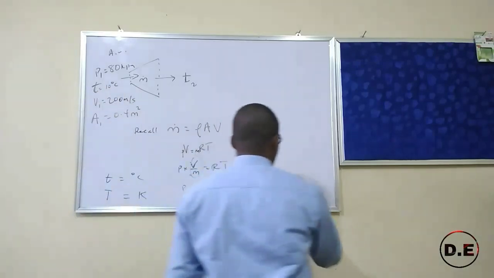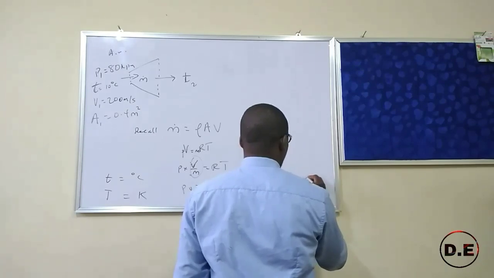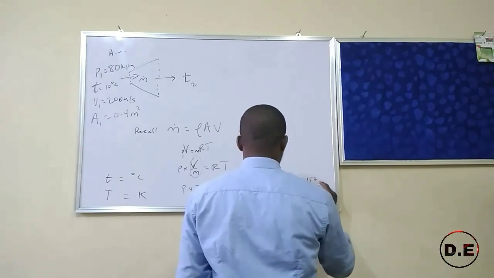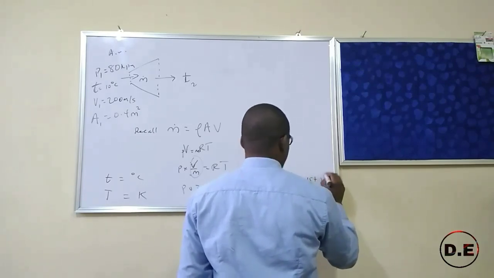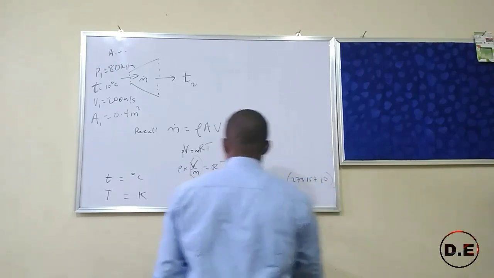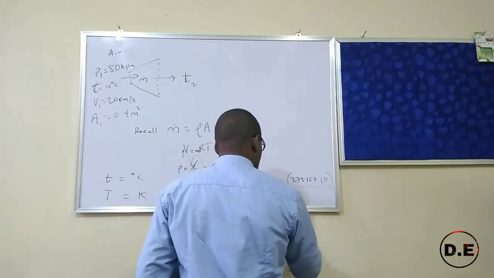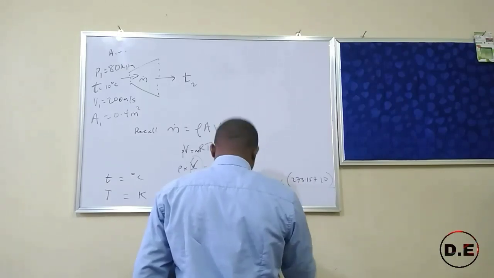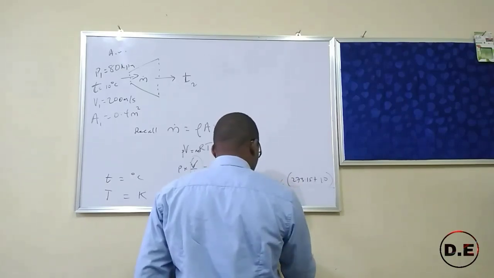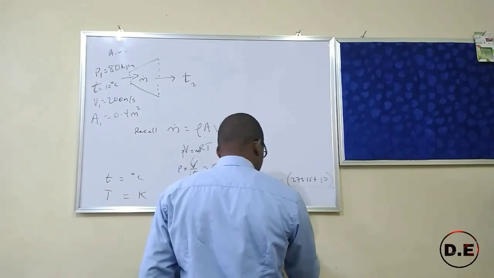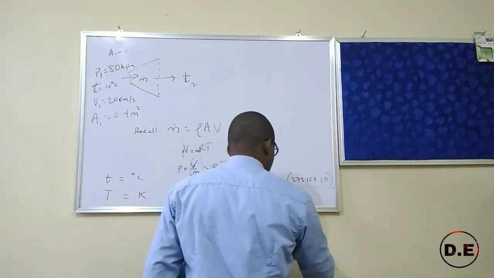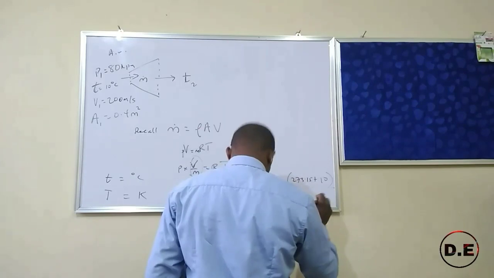So to do that, I'm going to add 273.15 plus 10, everything divided by the pressure, which is 80 kilopascal, which returns to me the value of 1.015 meter cube per kilogram.